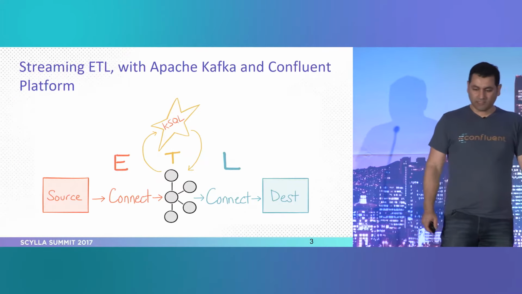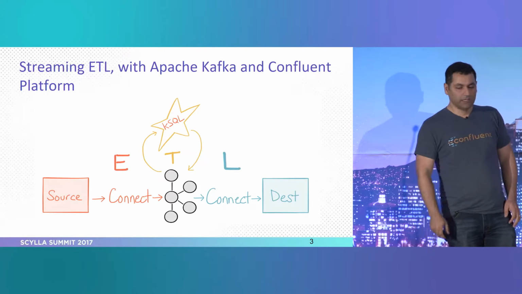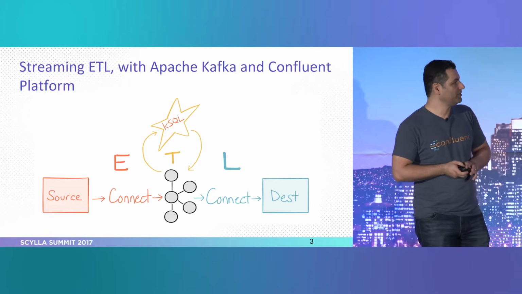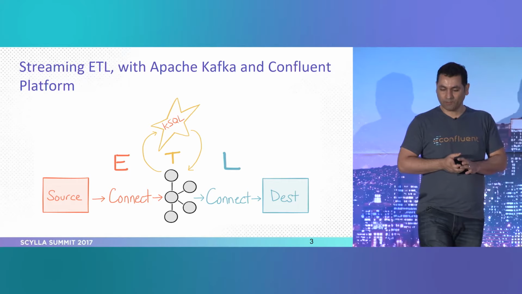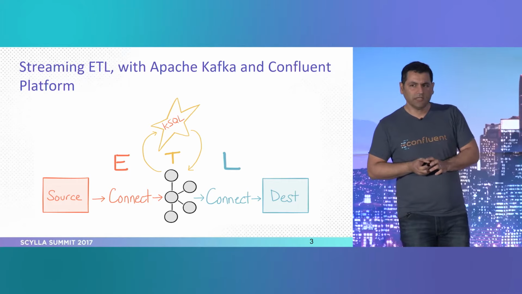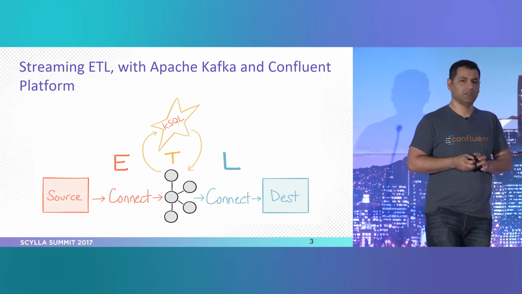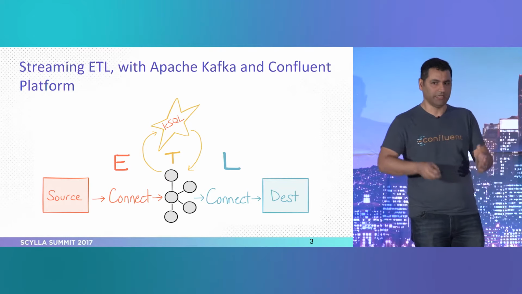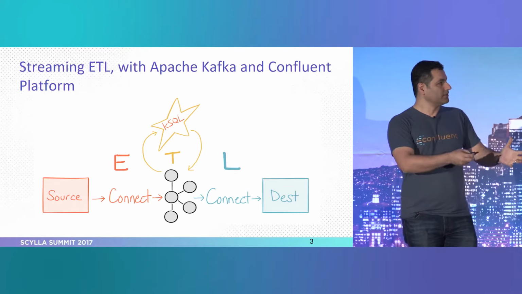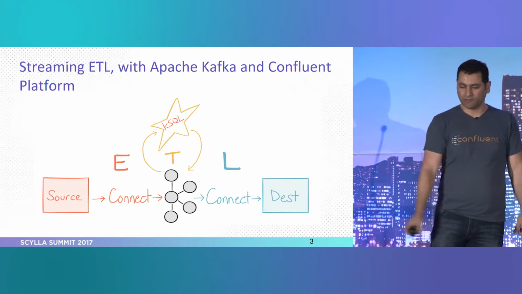OK, let's dive into the presentation. So ETL, you have been exposed to it. I guess most of you know what we mean: extract, transform, and load. And most of the ETL process so far has been done in a batch way. For instance, every night you have an ETL job that reads from a source, does transformations, and loads it to another source.